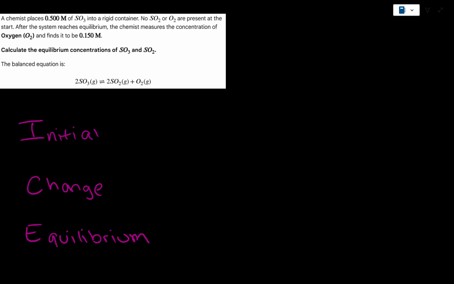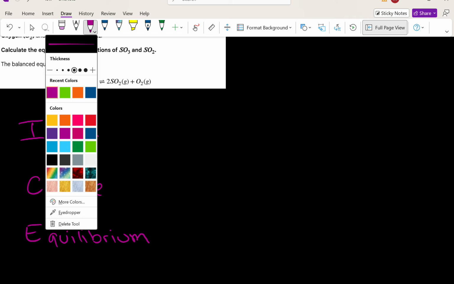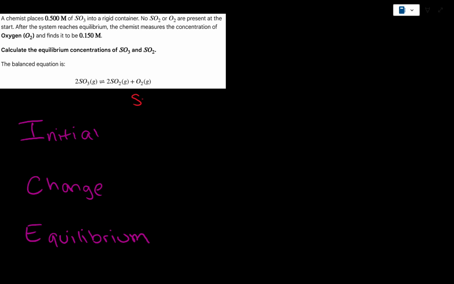So I like to write the chemical compounds above. So it's going to be 2SO3. Actually, let me use another color real quick, guys. Wait, that's not even a 2. I'm sorry.